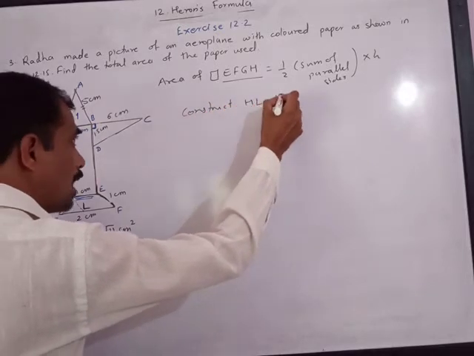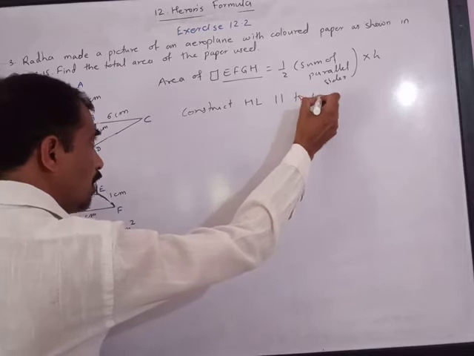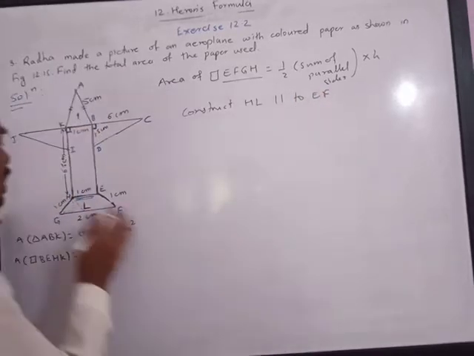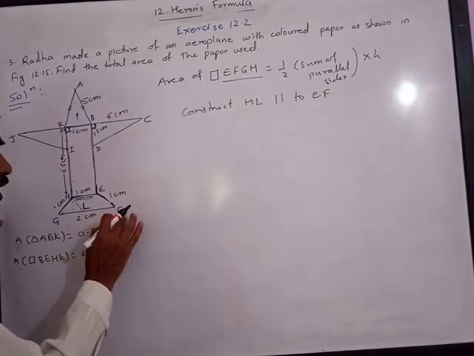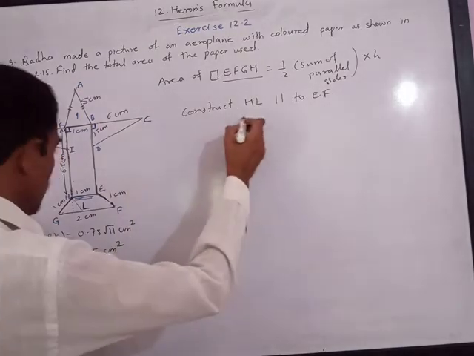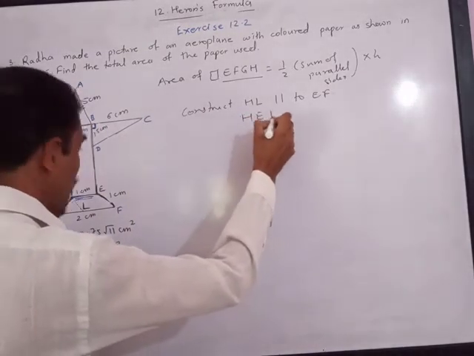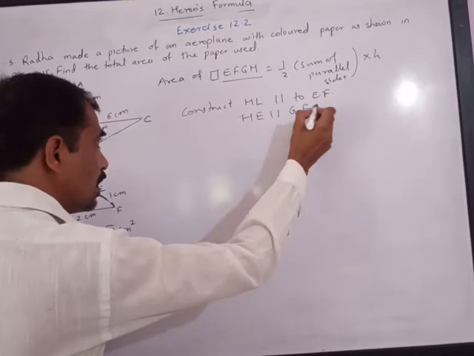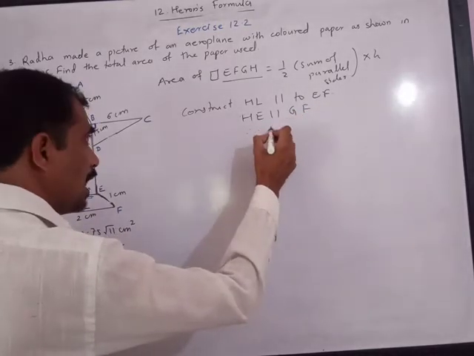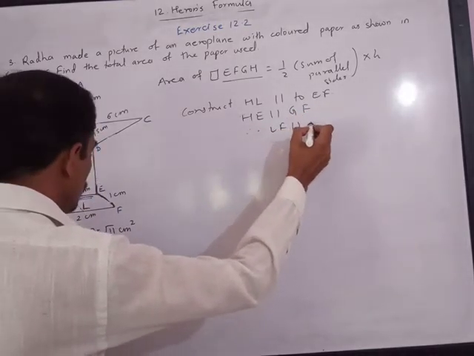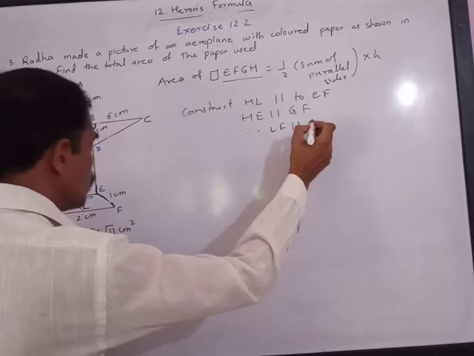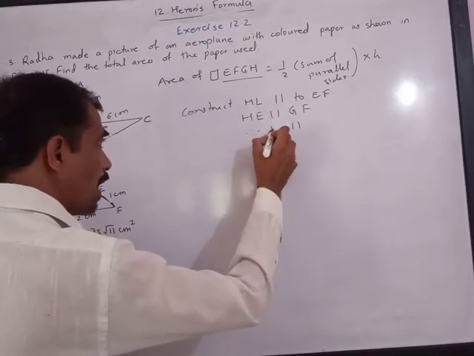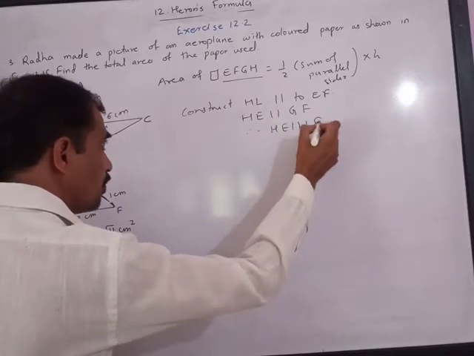Now please note, HE is parallel to GF. Therefore, I can say that LF is parallel to HE, or HE is parallel to LF.